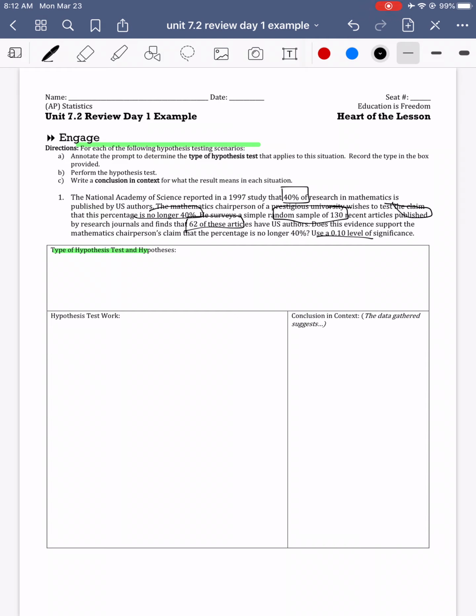Well, it says here that he surveys a random sample of 130 articles, and that's the only time that it says we're taking a sample. Since it's saying 42 of the 130 recent published articles, that is also a proportion. That would be a fraction. So this is a one sample proportion test.